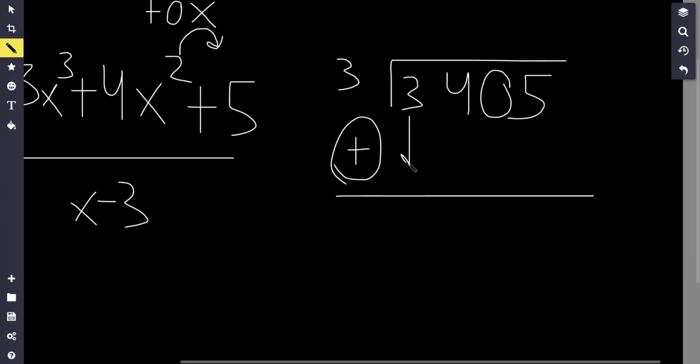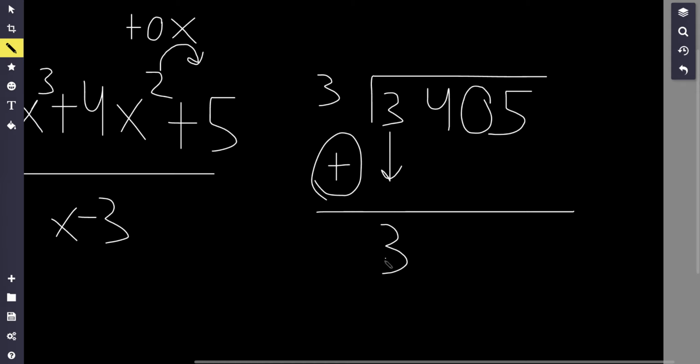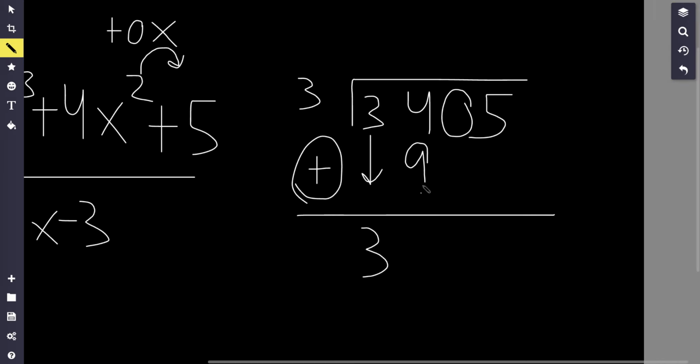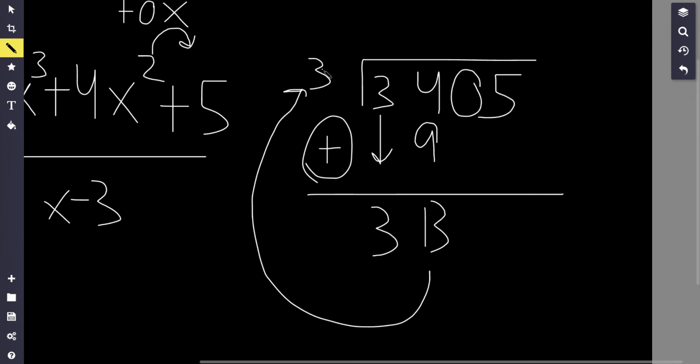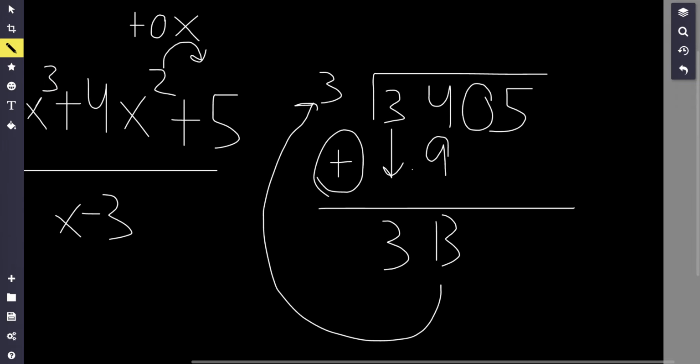I'm going to bring down the first term. 3 times 3 is going to be 9. Now I'm going to add these two terms together, so I'm going to get 13. Now I'm going to multiply the number on the bottom by the number I put there. I'm just going to multiply this 13 by this top number 3.